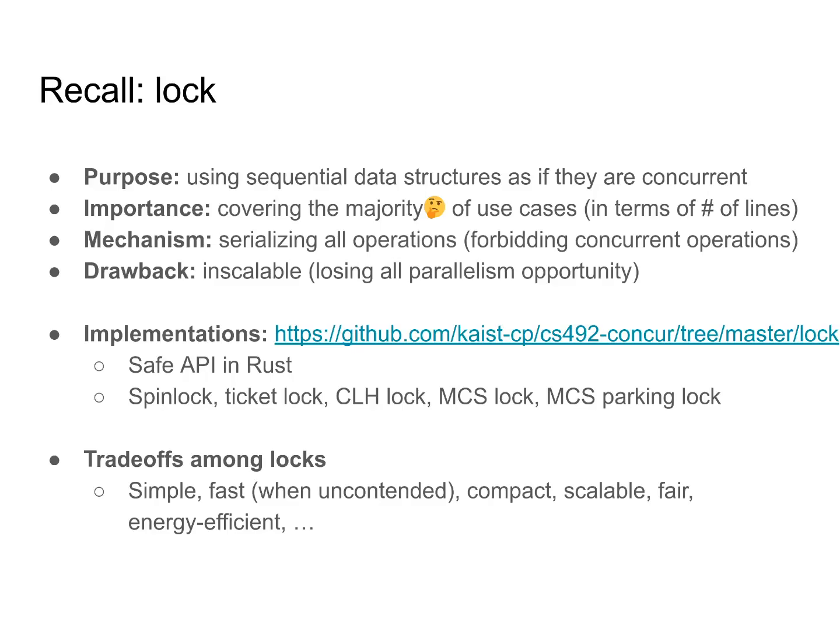So when a vector is paired with a lock, you first need to acquire the lock before accessing the underlying vector. After acquiring the lock, you can mutably access the vector. And after releasing the lock, the other threads can acquire the lock and then access the vector.